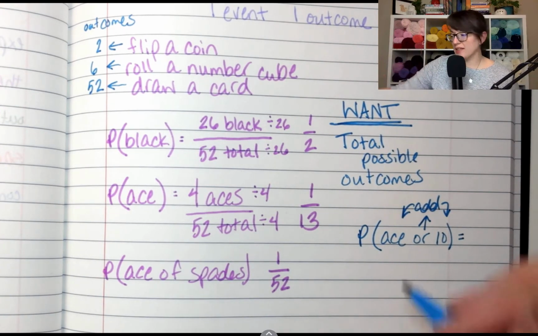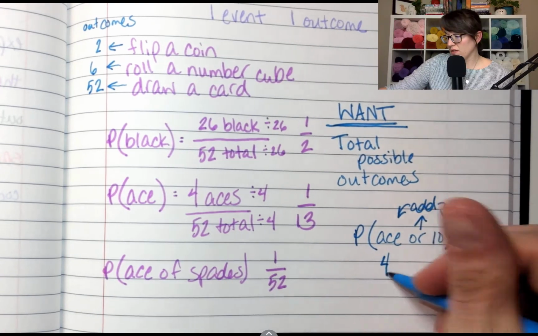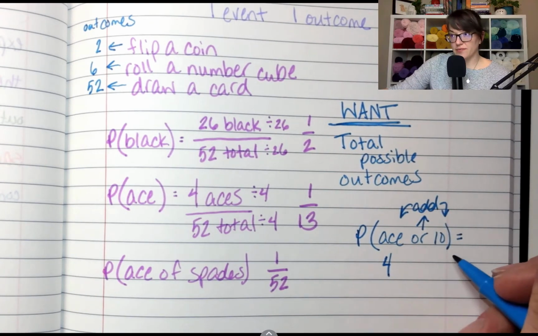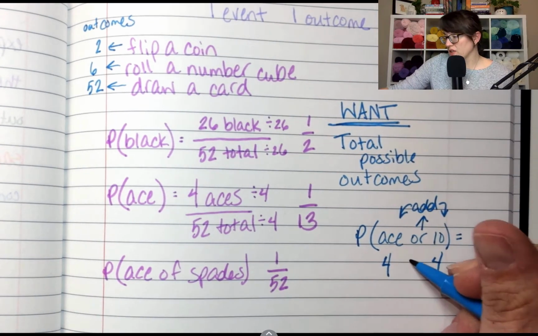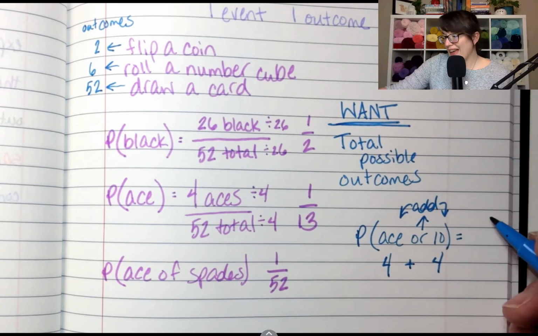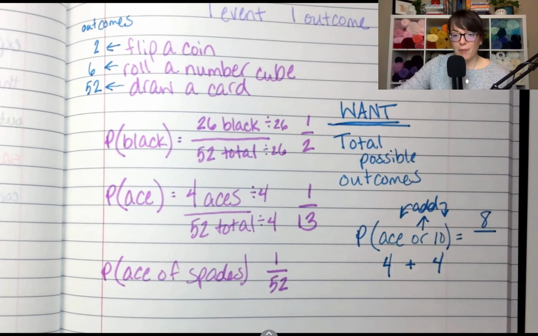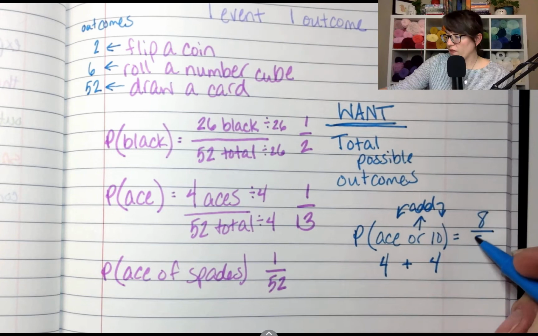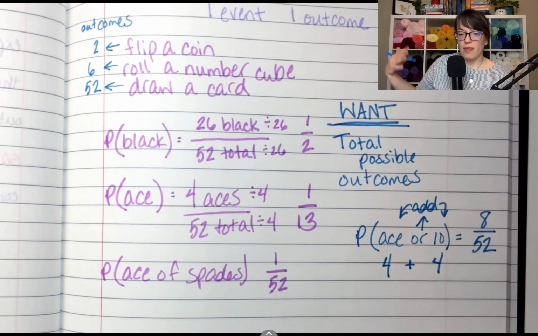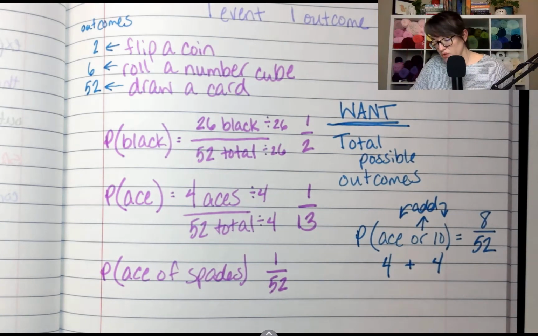So, how many aces are there? 4. How many 10s are there? There's 4. So, I add those together. There are 8 cards that I would be happy getting out of 52 total. And then I would simplify it. So, when you see or, you want to add those possibilities together.